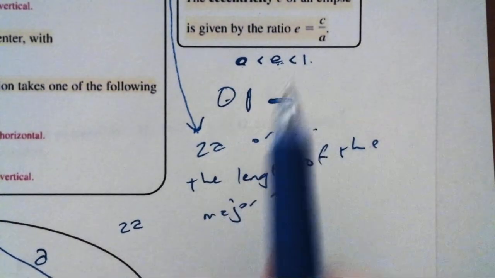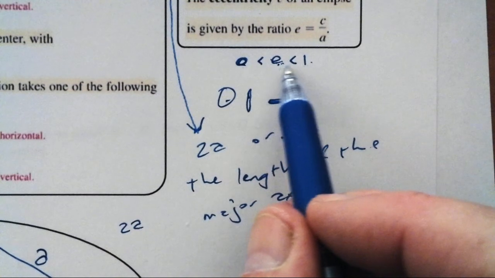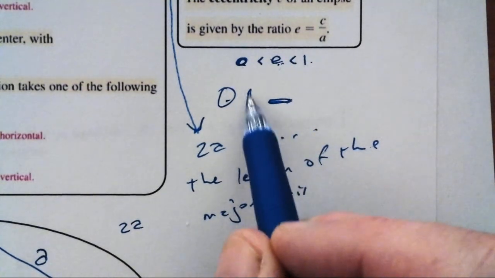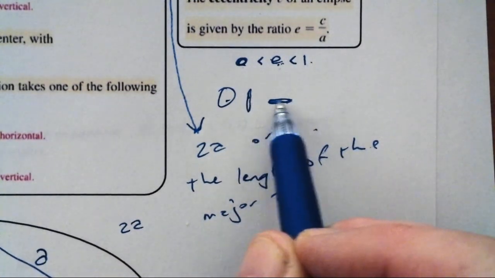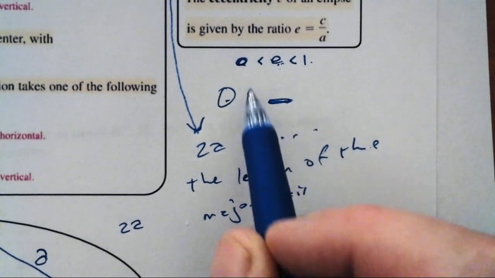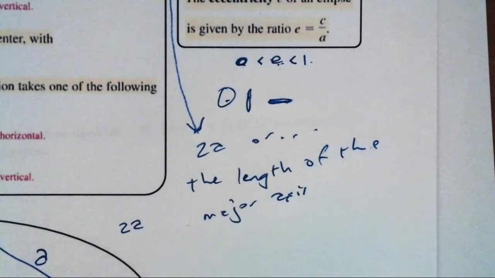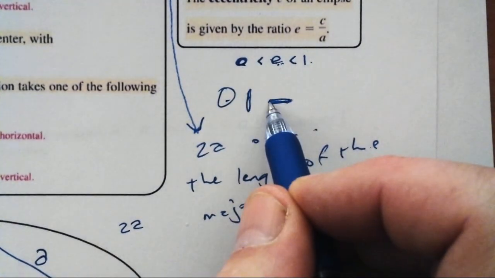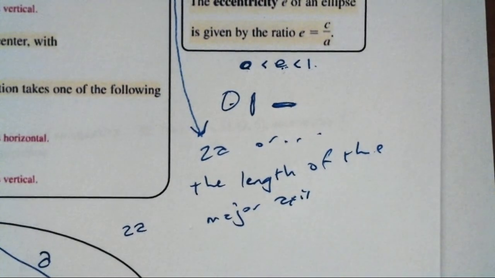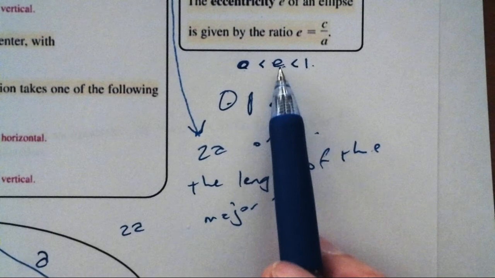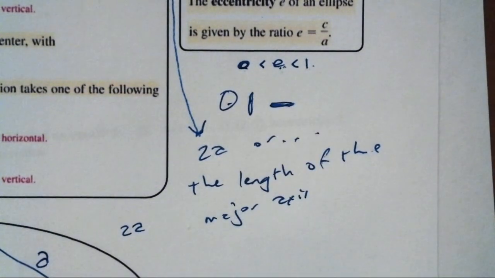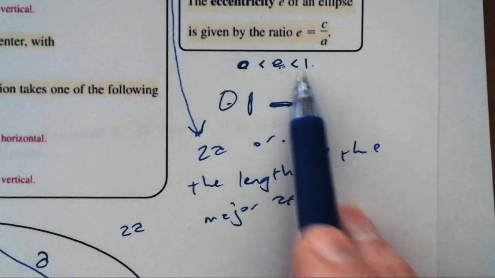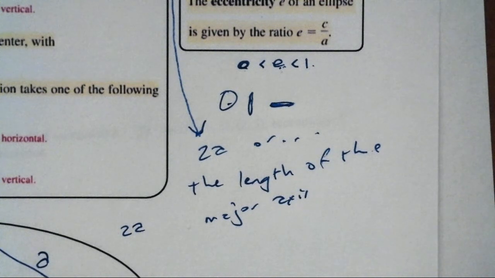So an eccentricity of 0.98 is going to be really skinny, either really short and flat or really tall and skinny. An eccentricity of 0.01 probably looks exactly like a circle, although it would not quite be a circle. In theory, if the eccentricity was 0, we would have a circle. If the eccentricity was 1, we would have a line segment.